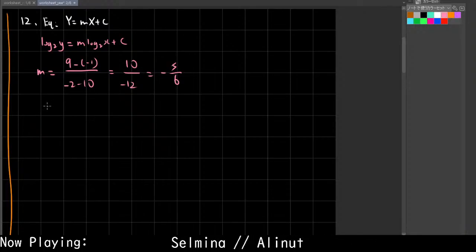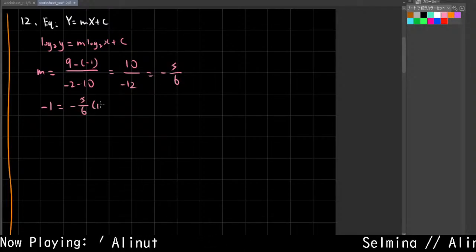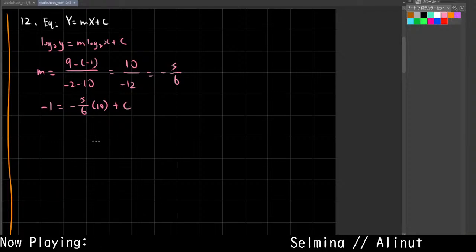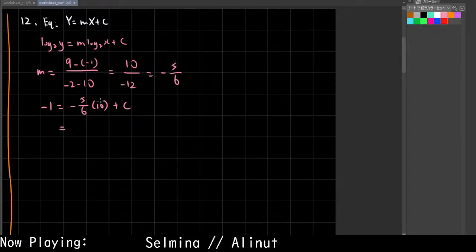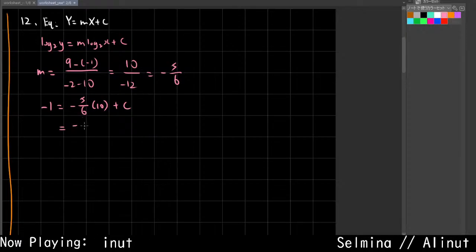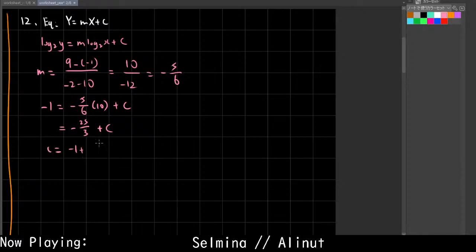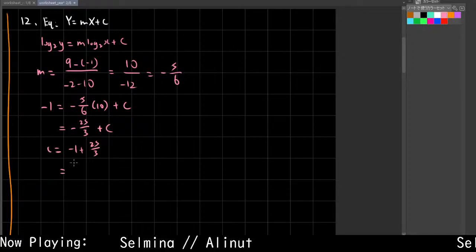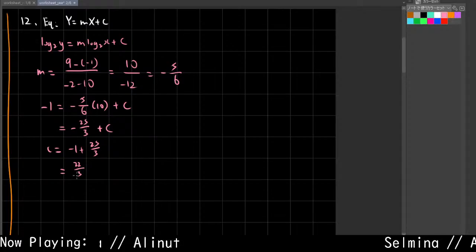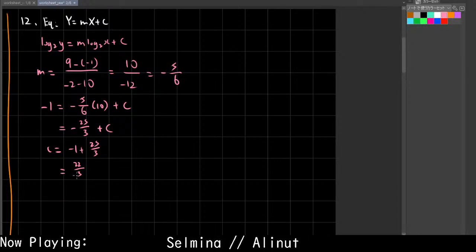Log 2y, let's say log 2y is negative 1, and then log 2x is something. Okay, so you get your c.